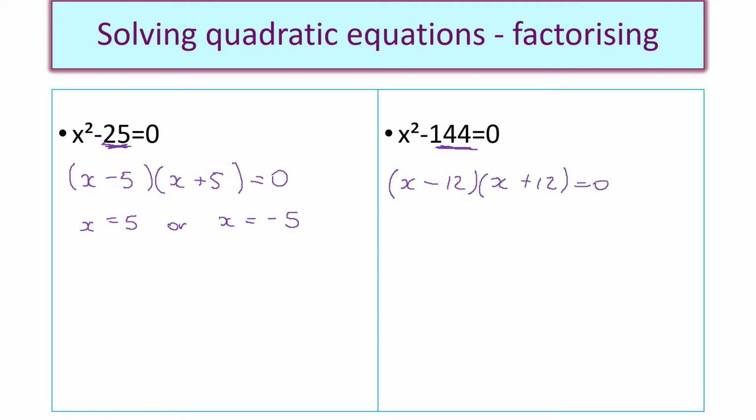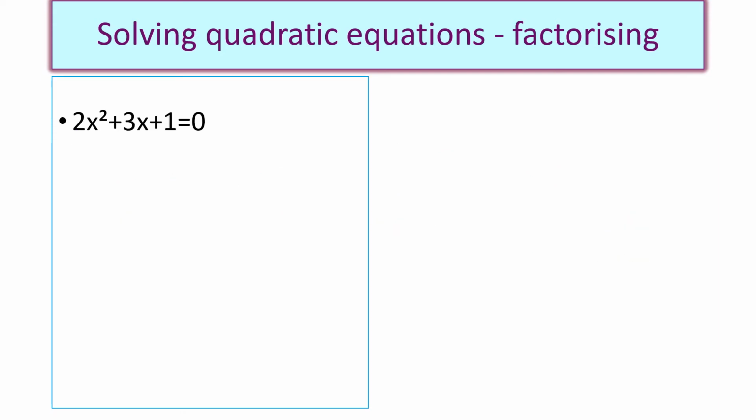Again, at least one of those brackets needs to be equal to 0. So either x take away 12 or x plus 12 is equal to 0. So x equals 12 or x equals negative 12.